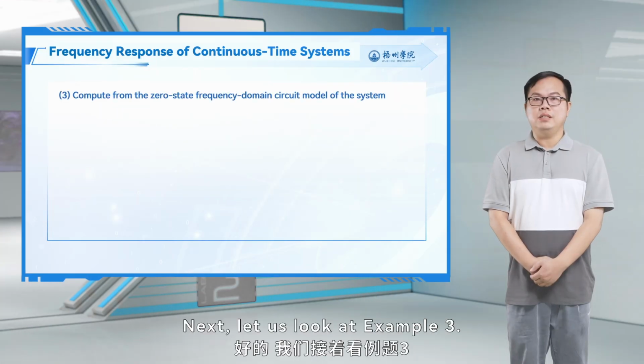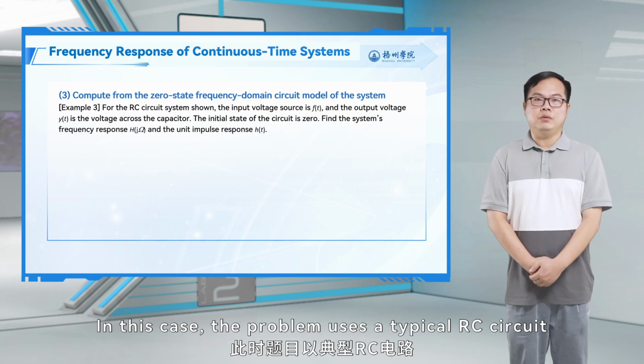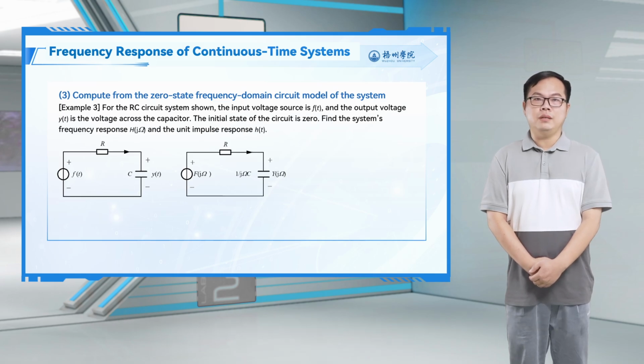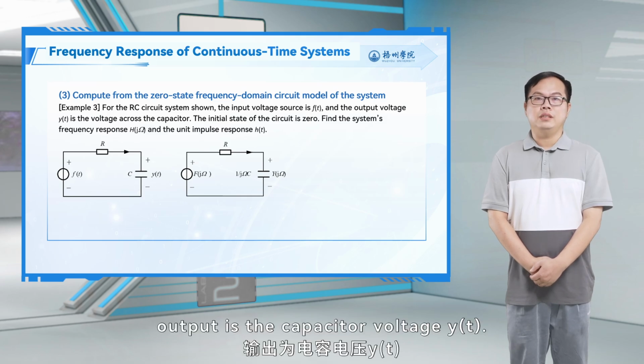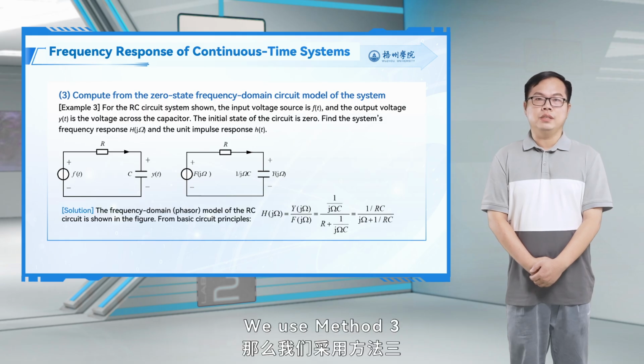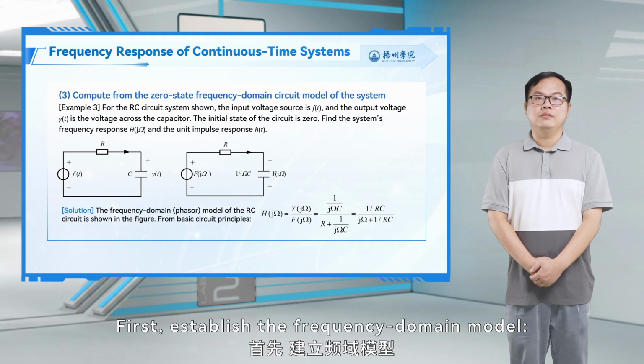Next, let us look at example 3. In this case, the problem uses a typical RC circuit as an example. Input is the voltage source f(t). Output is the capacitor voltage y(t). We use method 3 to establish the frequency domain equivalent circuit model. First, establish the frequency domain model.